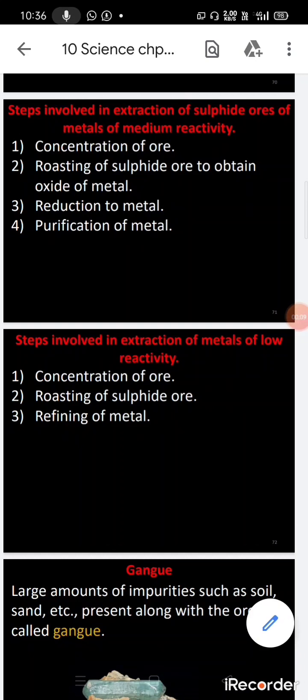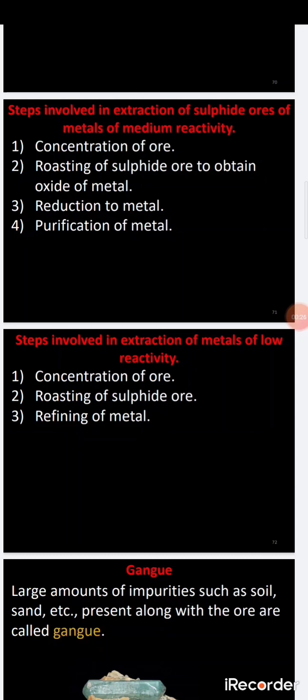Some metals, for example copper and silver, and others in the middle activity series like zinc, iron, lead, when extracted from the earth crust, exist in the combined state as sulfide ores, and these can be treated by roasting. Some ores exist in the combined state as carbonate ores, and these can be treated by the calcination method.